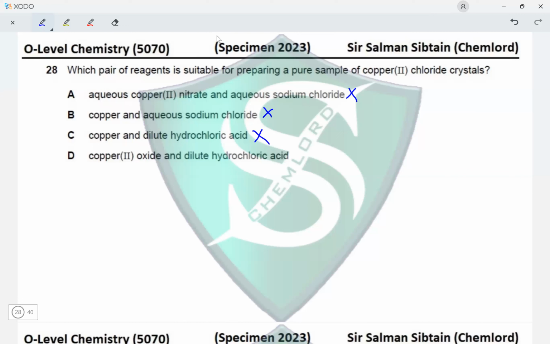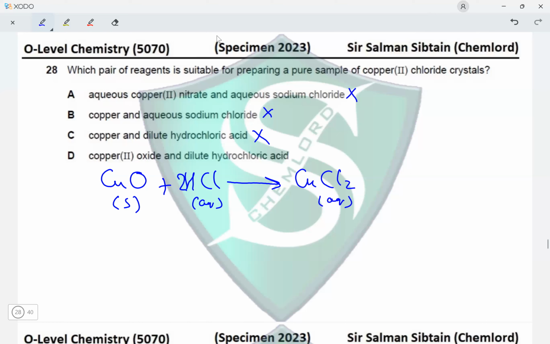Option D, copper(II) oxide. Copper(II) oxide is CuO, which is insoluble. When it reacts with dilute HCl (aq), the insoluble oxide reacts with the acid, producing a soluble salt, CuCl2 (aq), and water.